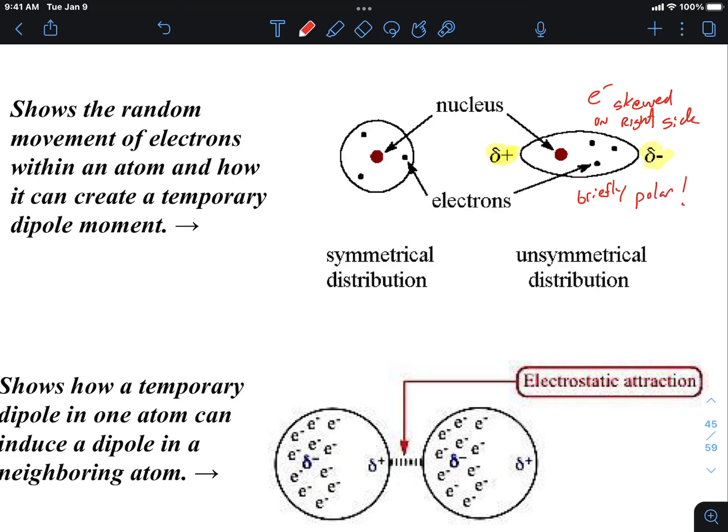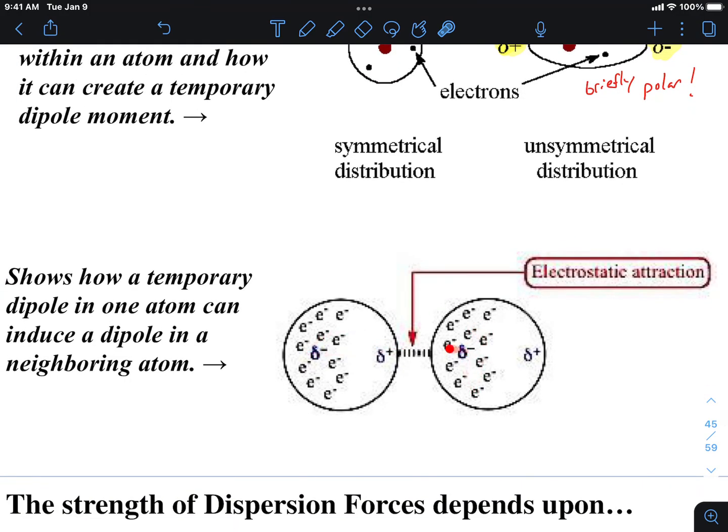That atom, which is normally nonpolar, is just, for a very short time, polar, because the electrons ended up on one side. But the electrons, because they're constantly moving, will average out and come back here, and they will be equally distributed. And when the electrons are equally distributed, you know that to be nonpolar. So it's constantly shifting back and forth.